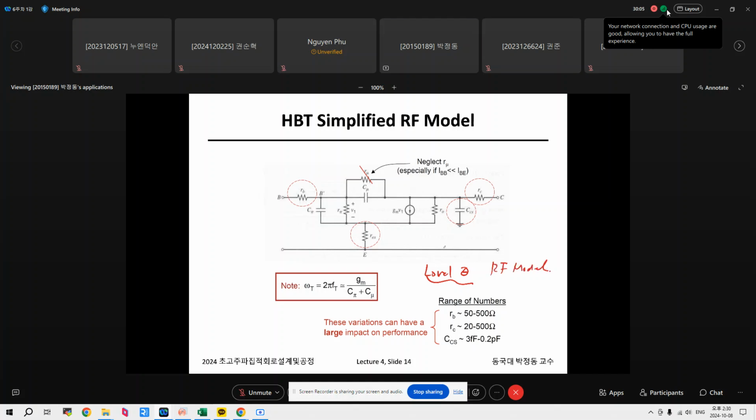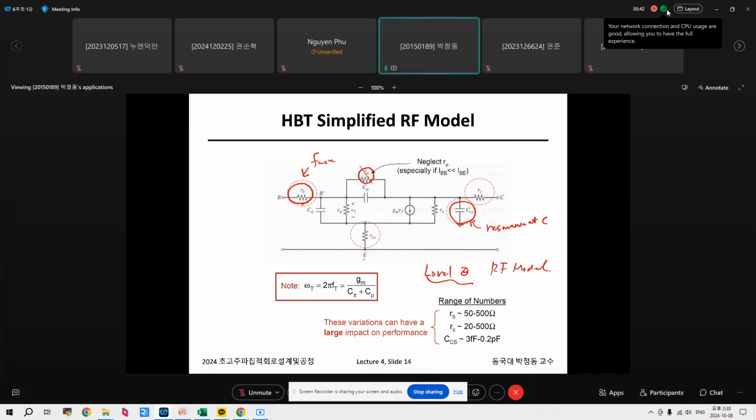Okay. So as can be seen here, you neglect R mu between base and collector. You just neglect it because this is high enough. Okay. And also, RB is very, very important, which defines the Fmax. And this defines resonance at collector. Okay.